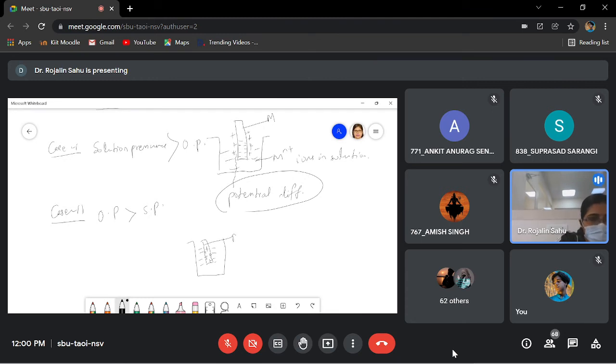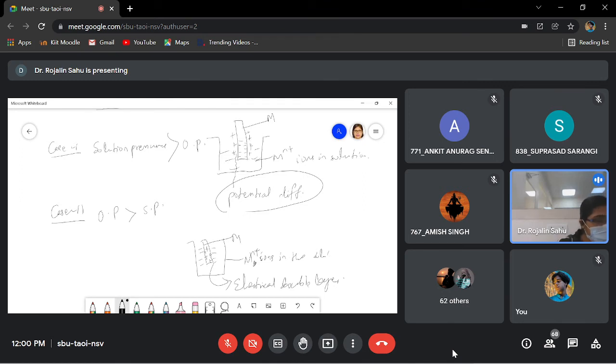So this is your metal, and these are the ions in the solution. So in this electrical double layer, at this junction, the potential which arises is called electrode potential.